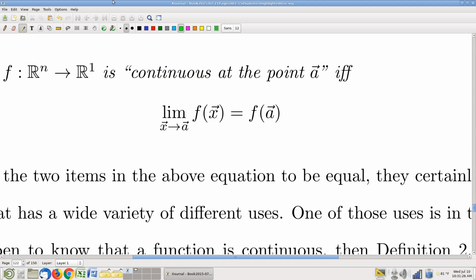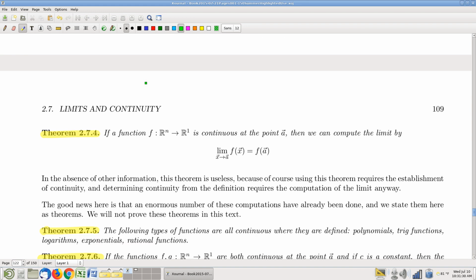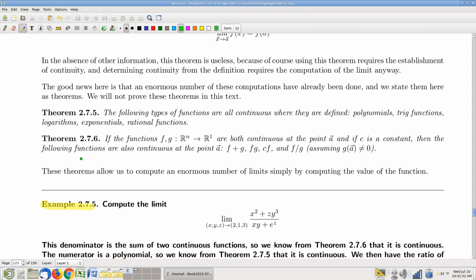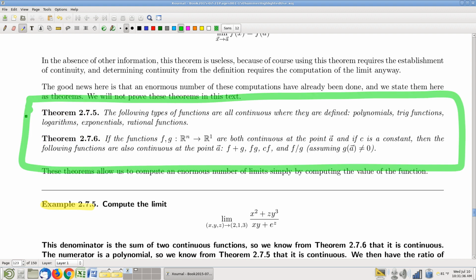Here's the good news. You don't have to prove it because it's been proved for you. Here is a long list of functions, very long list of functions, that it has already been proved, and you may cite these theorems. Thank you, old mathematicians. All of these functions are continuous, and you can feel free to just capitalize on that.